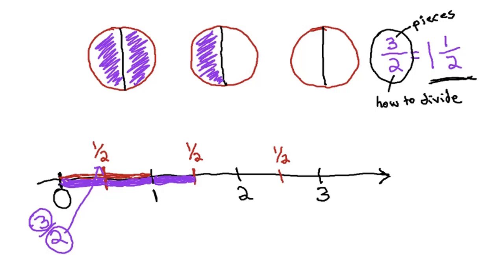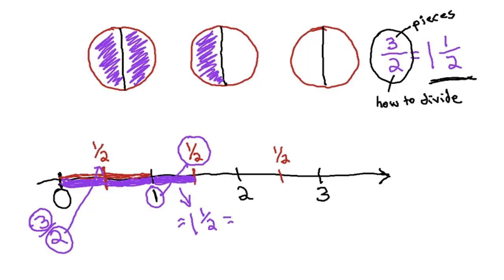So that purple that I just colored in on the number line is 3 sections, and each section is a half, so that's 3 halves. If you look at this, we've passed by the number 1, and we've gone all the way up to the halfway point after the 1, so that equals 1 1/2.